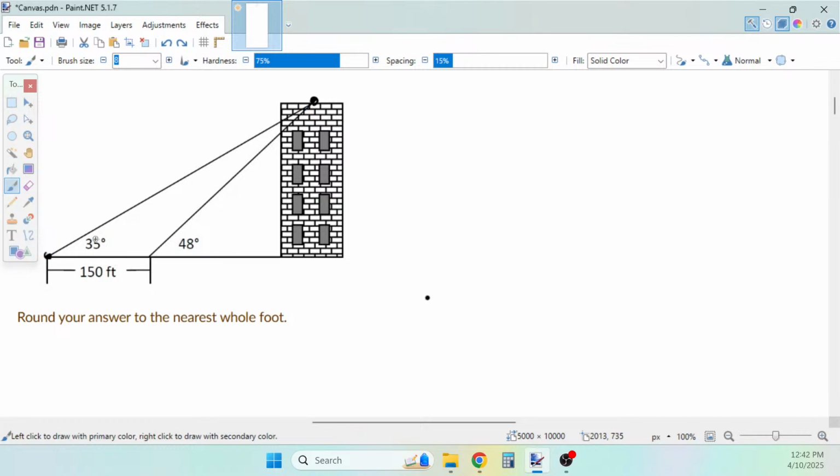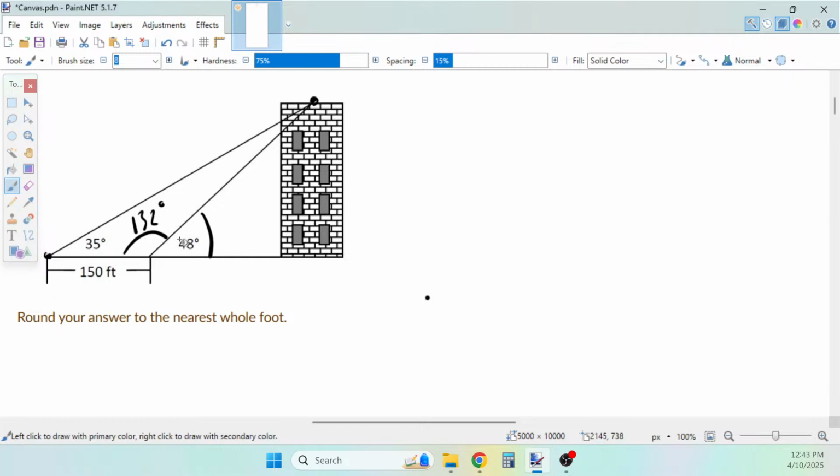So this gives us a triangle. If this angle is 48 degrees, that means that this angle is going to be 180 minus 48 degrees, because two angles that add up to a straight angle add up to 180.